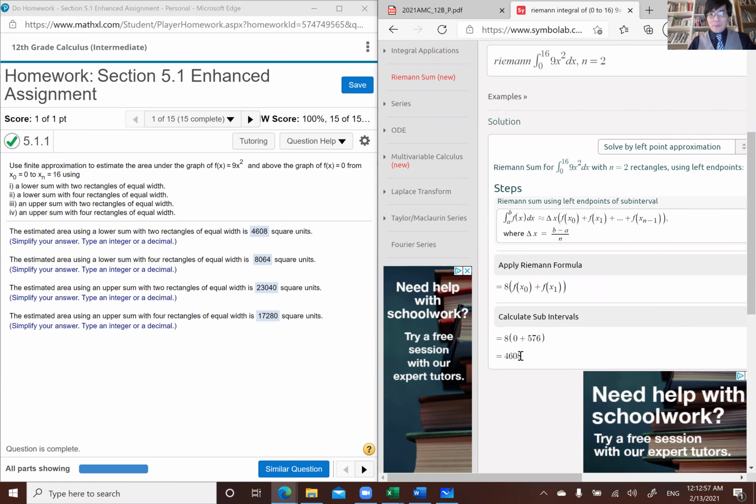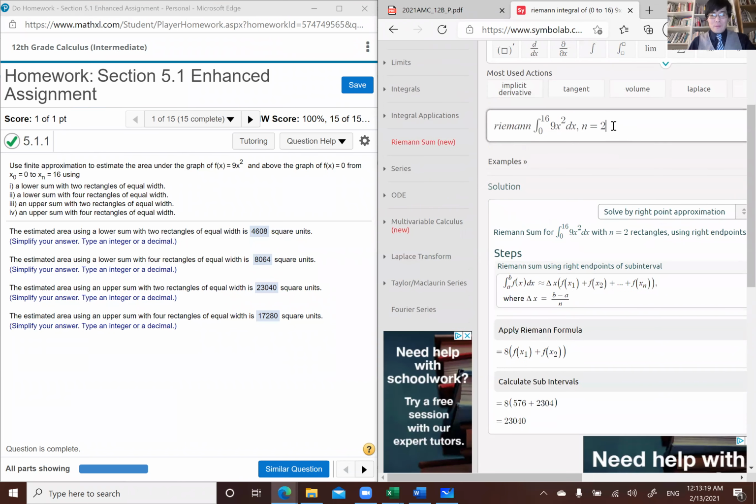So you're going to get 4608, with a computation here as we did it. Okay, it's 8 times f of 0 plus f of 8. If you pick right point approximation, you want to get 8 times f of 8 plus f of 16, which is 23040.